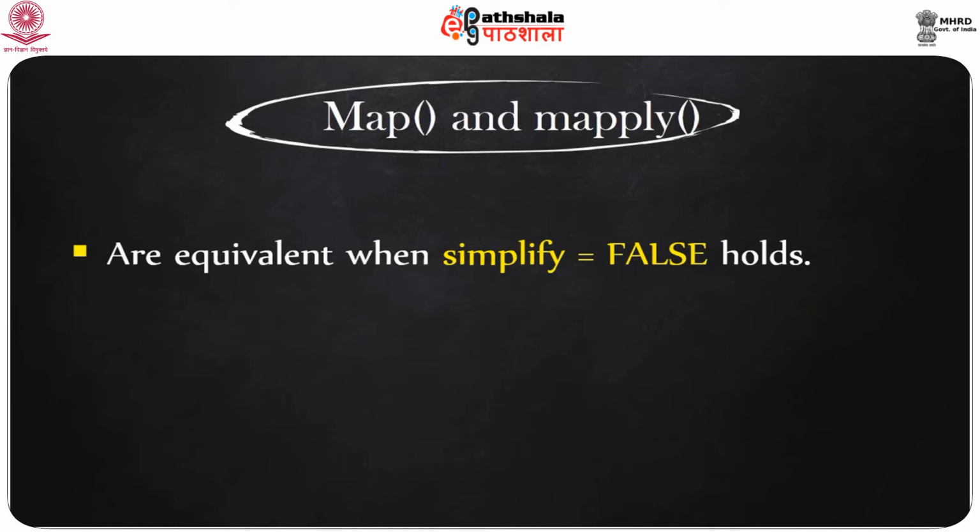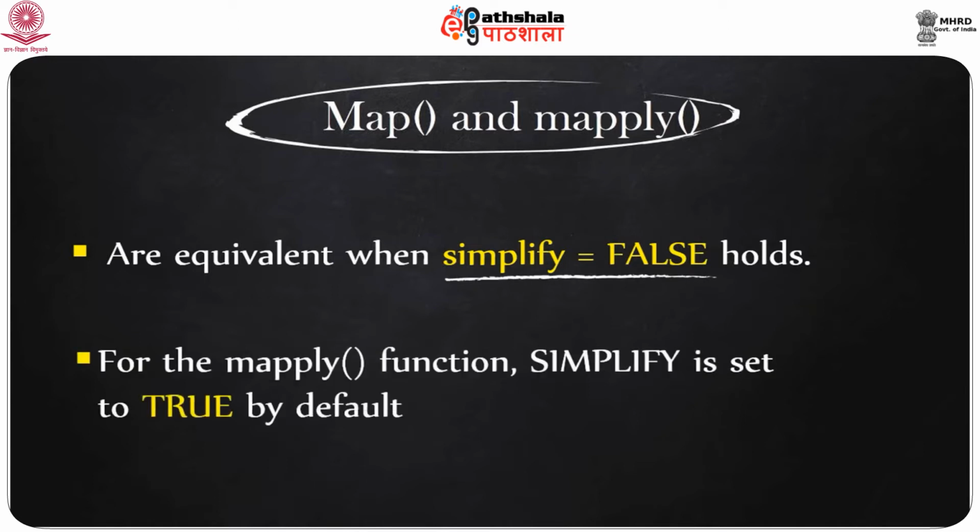For the Mapply function, SIMPLIFY is set to TRUE by default. It helps us to simplify the output as the sapply function does. So this argument gives a lesser amount of control over the output, like the sapply function.